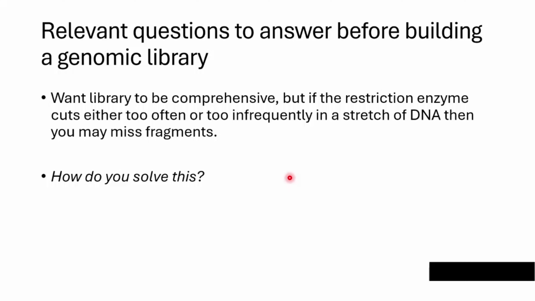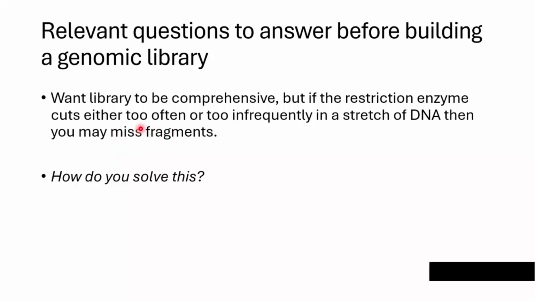Did anyone else answer? I think that's it. Okay, so let me just go over the answers here so that everyone understands. So we have two problems to solve. First, you might miss fragments. So to avoid missing fragments, what you can do is increase the amount of starting material, right? But that doesn't solve one of the issues, which is too big. The fragments, if they're too big, then you end up missing them anyways, even though the plasmids can still take up a huge amount of DNA, but it's very rare.